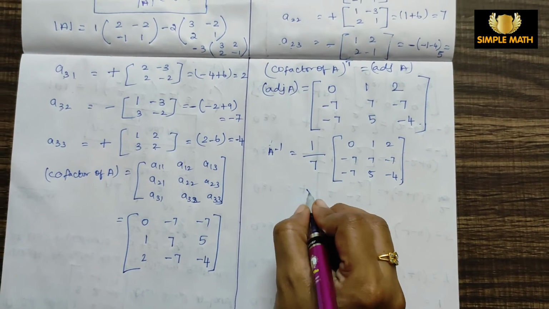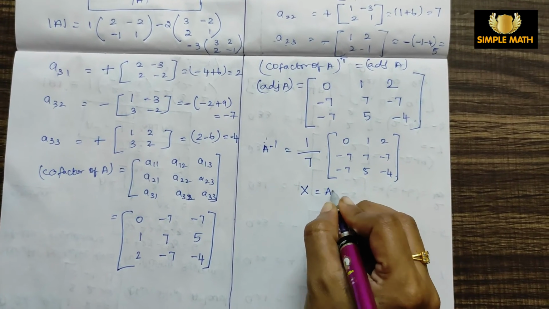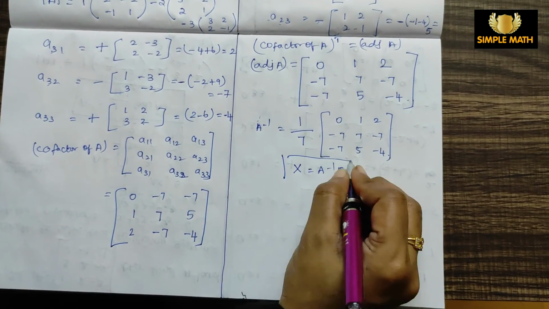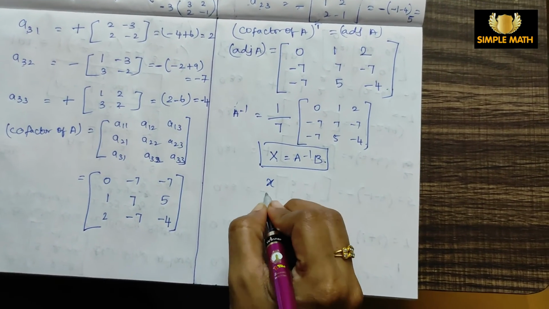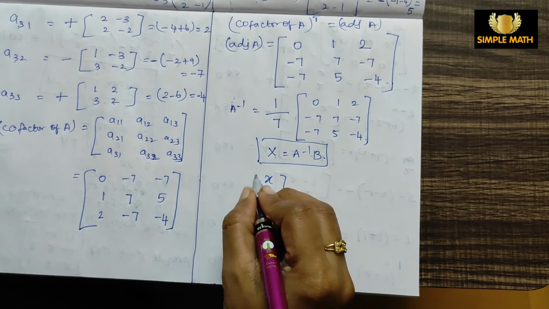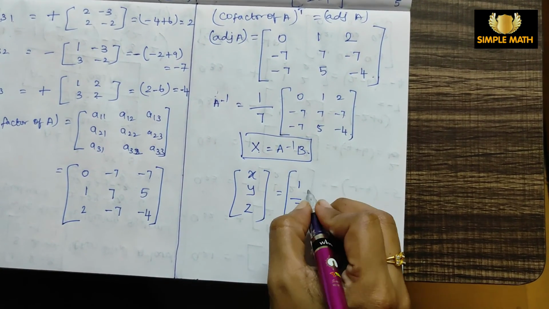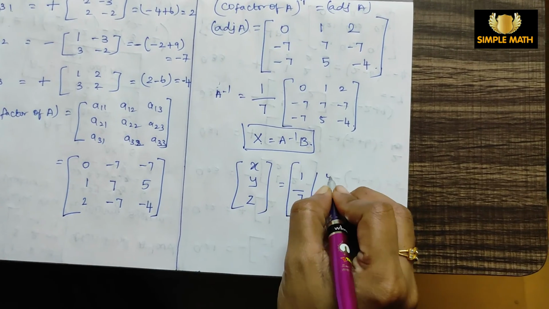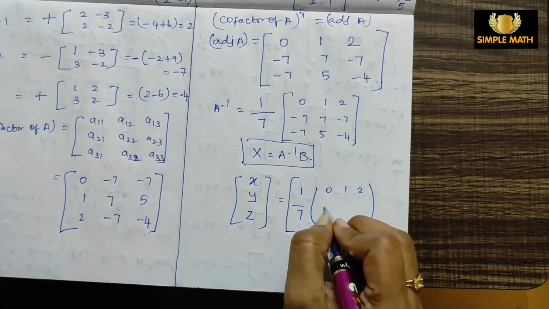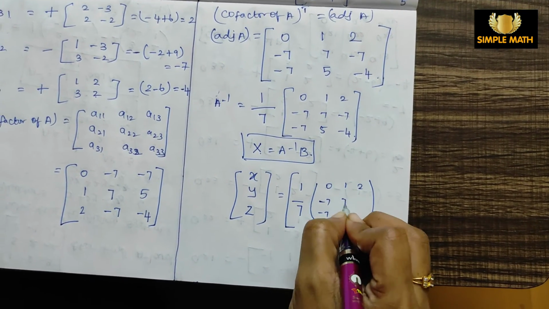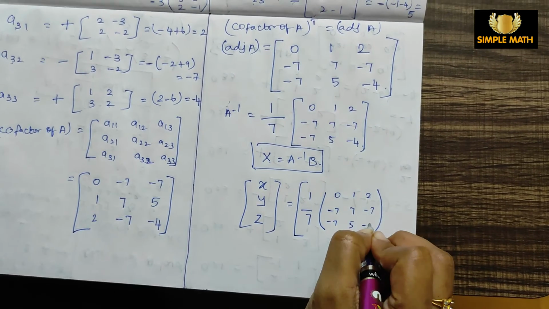Now I can calculate x. X is equal to A inverse into B. So x, y, z matrix here, matrix value x, y, z. A inverse is 1 by 7, matrix value 0, 1, 2, minus 7, 7, 5, minus 7, minus 4.